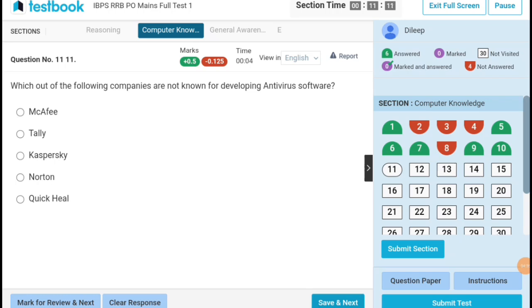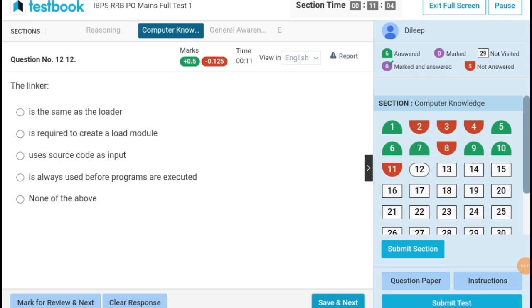Which out of the following companies are not developing antivirus software? The linker, linker.